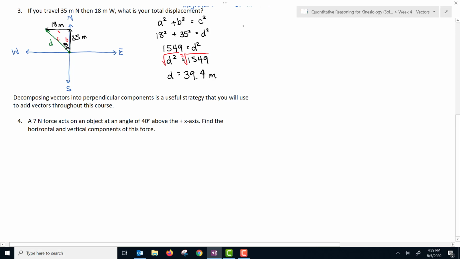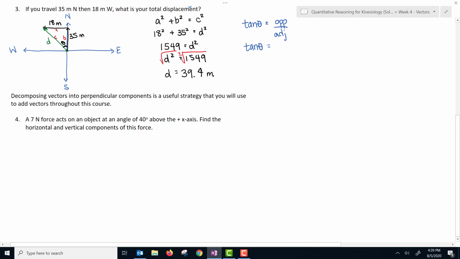So just like before, we're going to use tan theta equals opposite over adjacent to find that angle. So I have tan of my missing angle theta is equal to the opposite side. So opposite of the theta is that 18 meters. So 18 over adjacent. The adjacent side is 35.